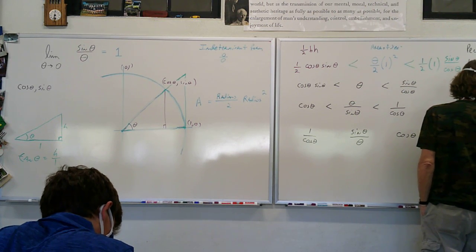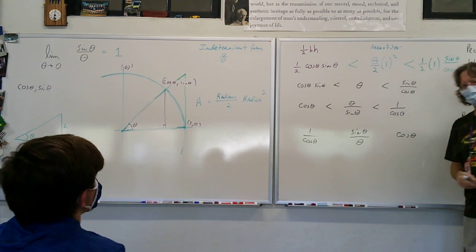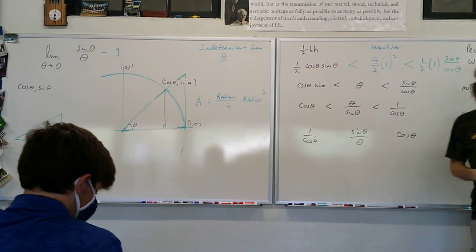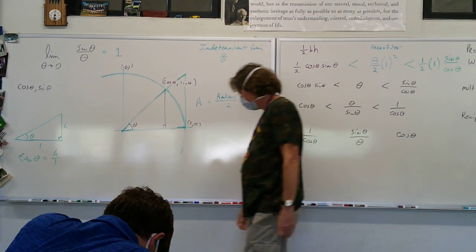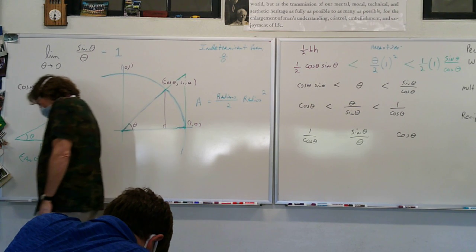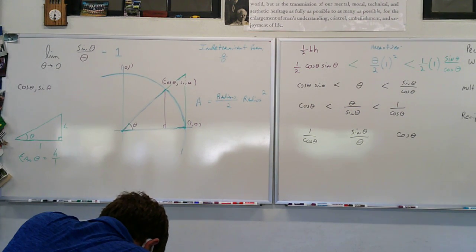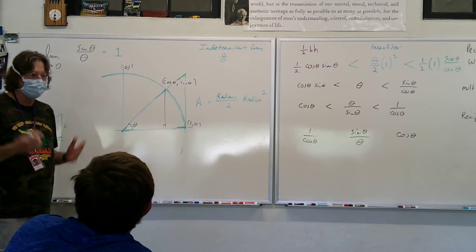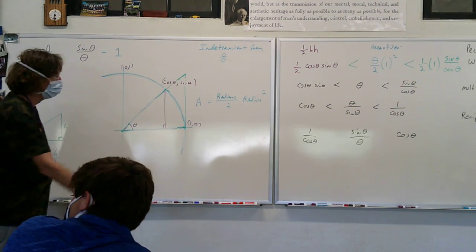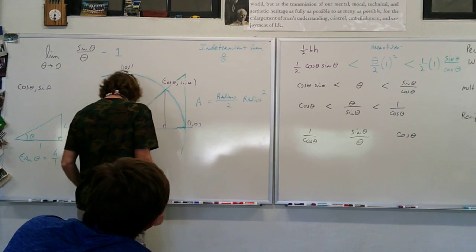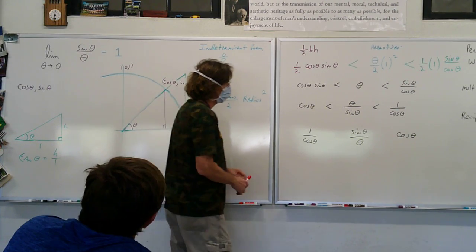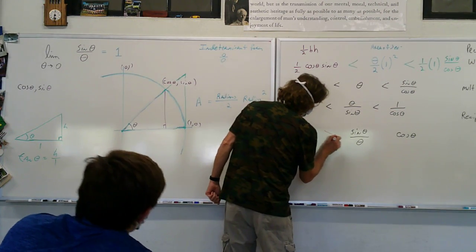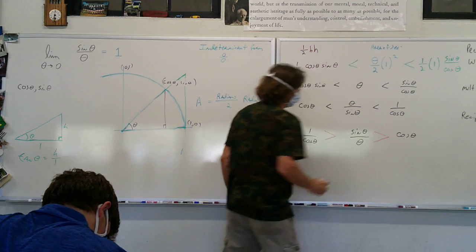Notice I did not put in the less than signs. Somebody tell me why. Why did I not put in the less than signs? They're going to become greater than signs. And I'm going to prove it to you. Very important that you realize that when you do the reciprocals, those become greater than.